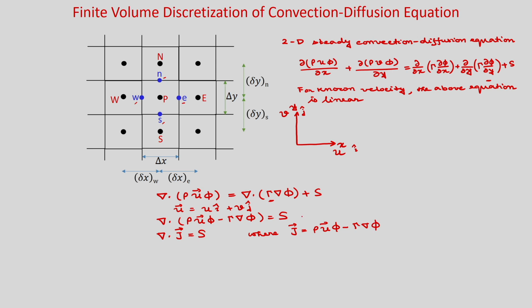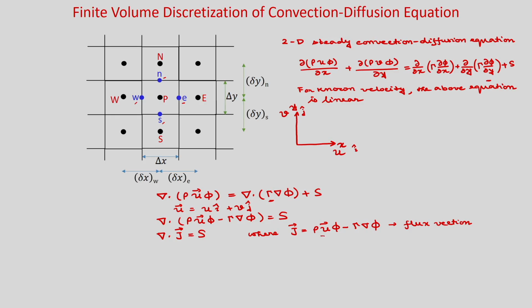In the last module you saw this flux vector contained only the diffusion term, but in this lecture this flux vector contains the convection term as well as the diffusion term.